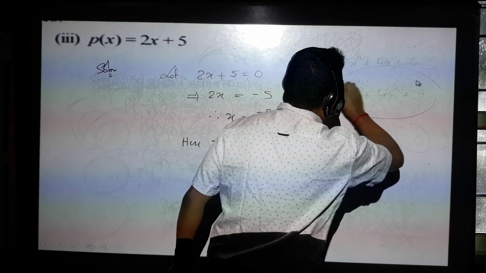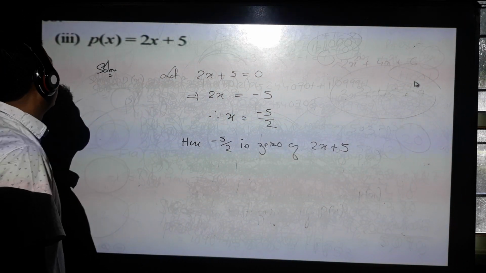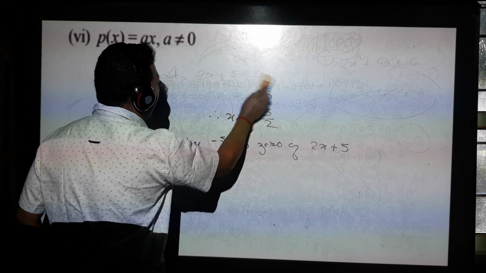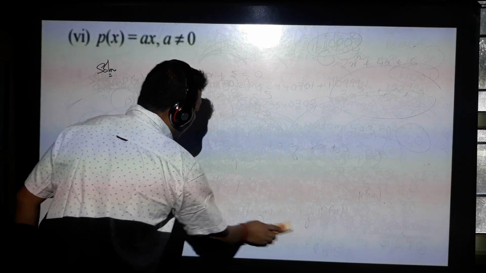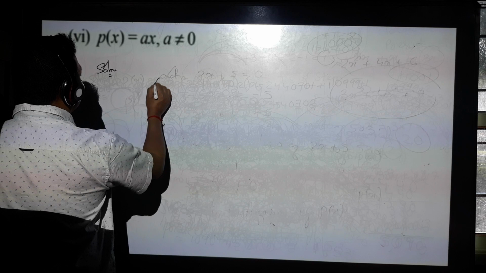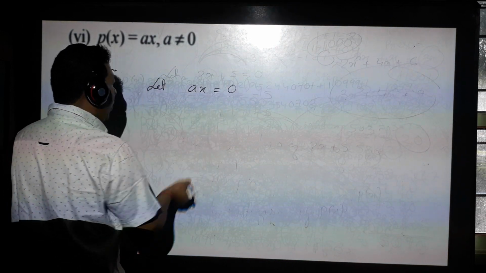Let's do the next question again. Here, the given polynomial is p of x equal to ax, and a is not equal to 0. There is no constant number, only the variable is given. So let the given polynomial ax equal to 0.